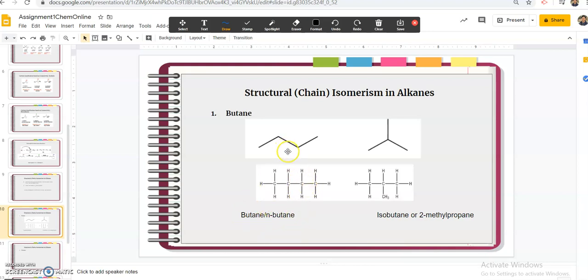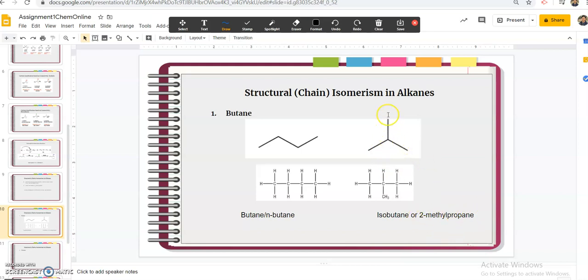But what you can also do is remove one carbon, draw a 3-carbon molecule and put that terminal carbon on top, attached to the second carbon. The molecular formula is still C4H10, but the structural formula is different, so it's not n-butane anymore. By IUPAC naming, this is 2-methylpropane.